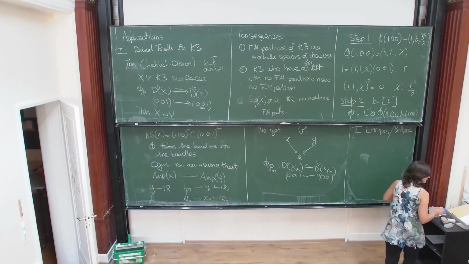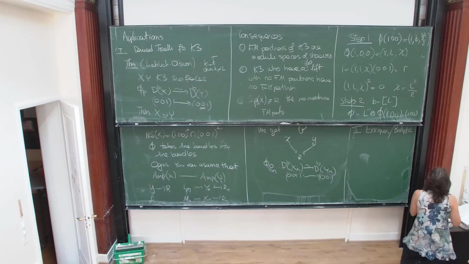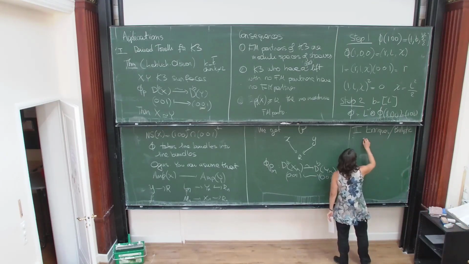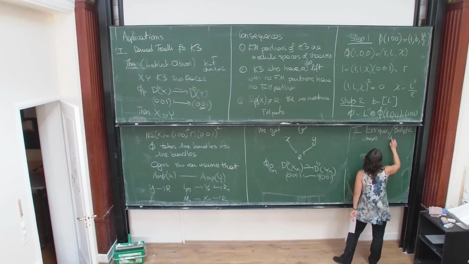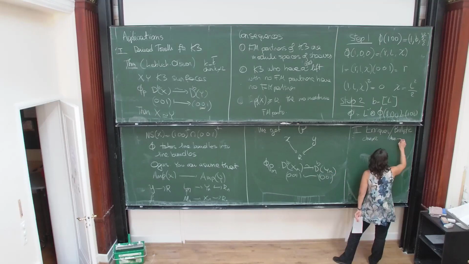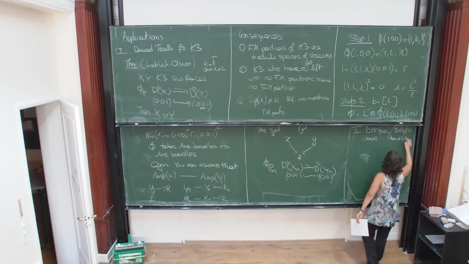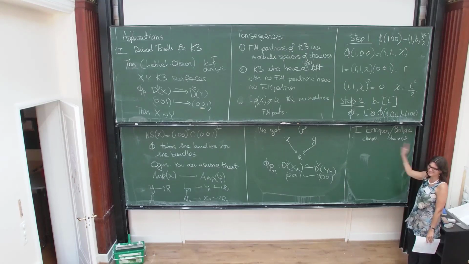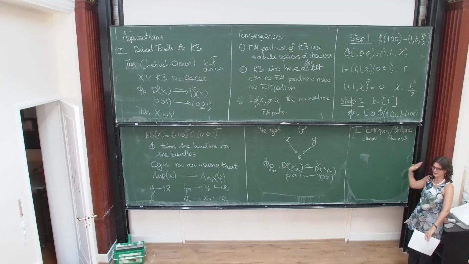Okay, so Lieblich and Enriques. Here the characteristic is different from 2, and here the characteristic is different from 2 and 3, simply because these two surfaces are terrible in characteristic 2, or characteristic 2 and 3.